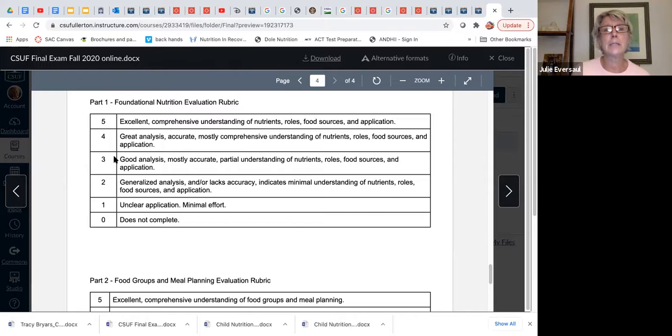But if someone has, let's say, a good analysis, mostly accurate, partial understanding of nutrients, roles, food sources, and application, well, a B, that's 80%. But then they have something in there where I'm like, well, you're not totally getting this, but you have some really good nuggets. I might add points to make it an 85% versus an 80.